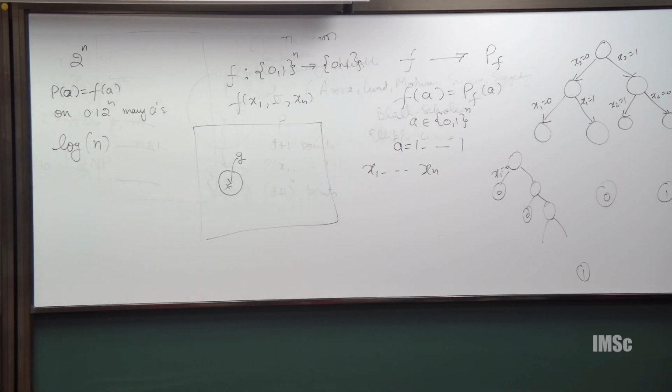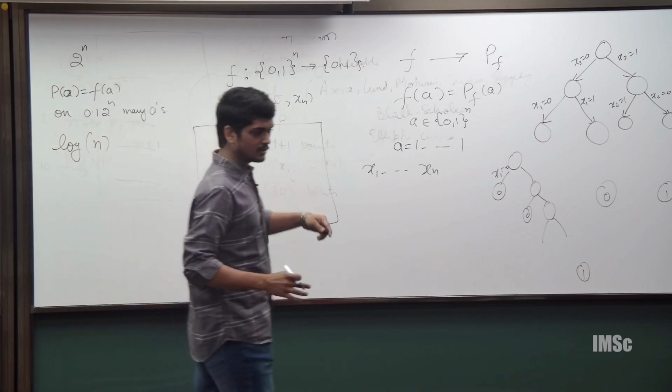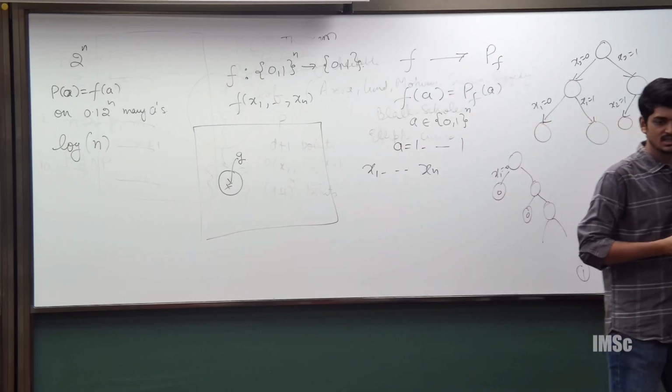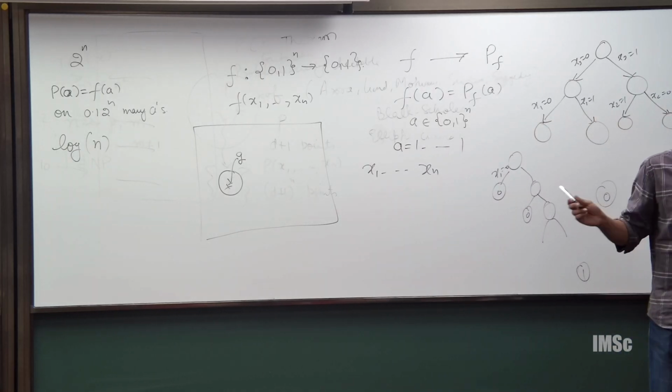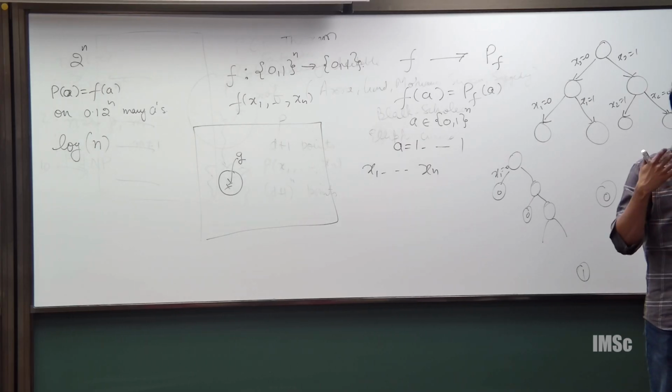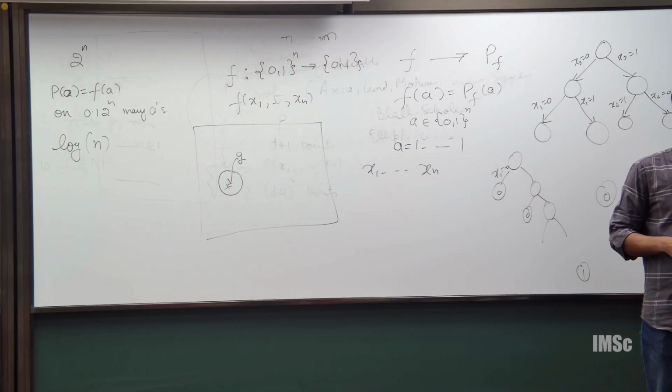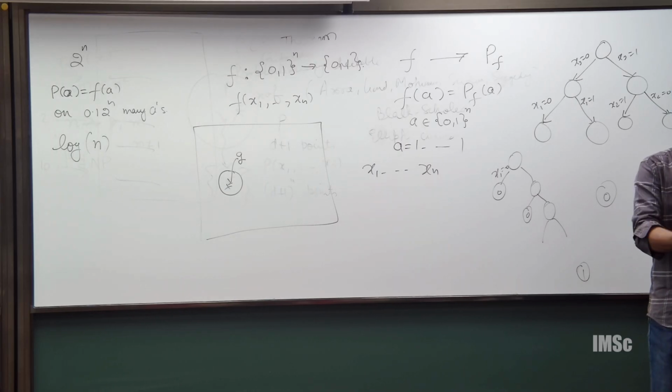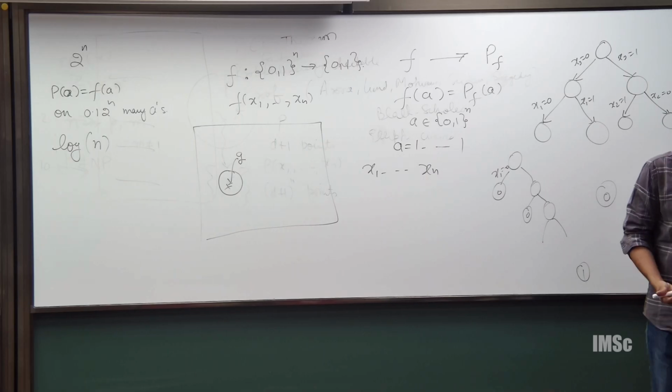This is not the correct answer, but in spirit it is. You can find it of degree log n, and log n is of course much smaller than n. So just by allowing a little bit of relaxation, that you do not have to be correct on all points, you just have to be correct on most points, you can actually find a much smaller degree of the polynomial.